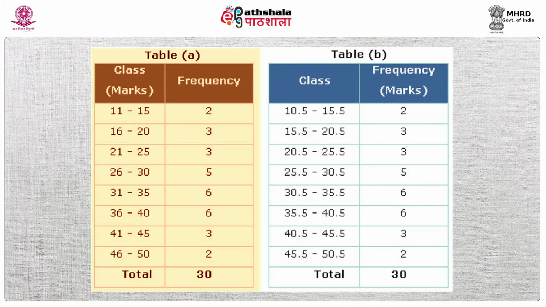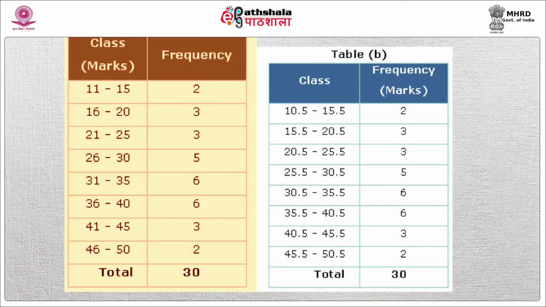Grouped distribution table. Here you can see these two tables. In the first table, the classes shown are 11 to 15, then 16 to 20, 21 to 25, till 46 to 50. And in table B, it is 10.5 to 15.5, then 15.5 to 20.5, and so on. You can see the difference between these two tables.